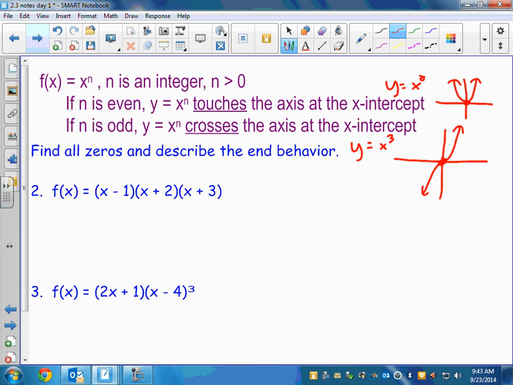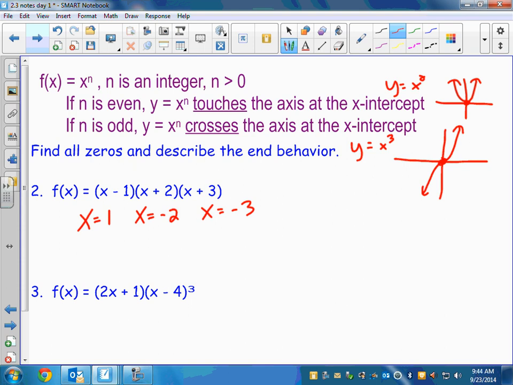Super great. If this is x minus 1, do you agree that the 0 has to be at 1? Yes. And this has to be at -2, and this has to be at -3. Oh, well, they're also easy, right? We could also say, what is the power of each of these zeros?